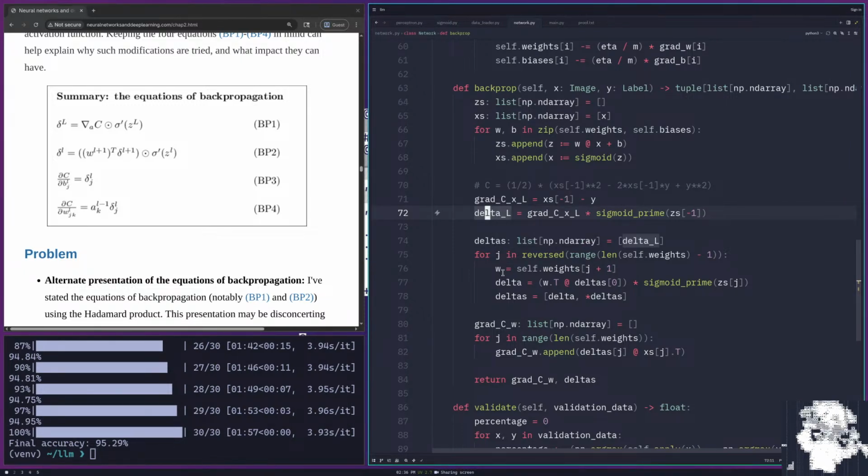Then we go backwards to figure out the rest of the deltas.